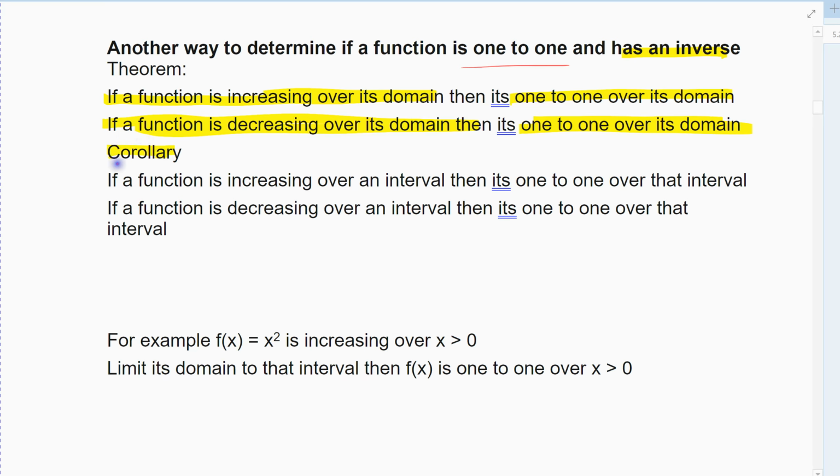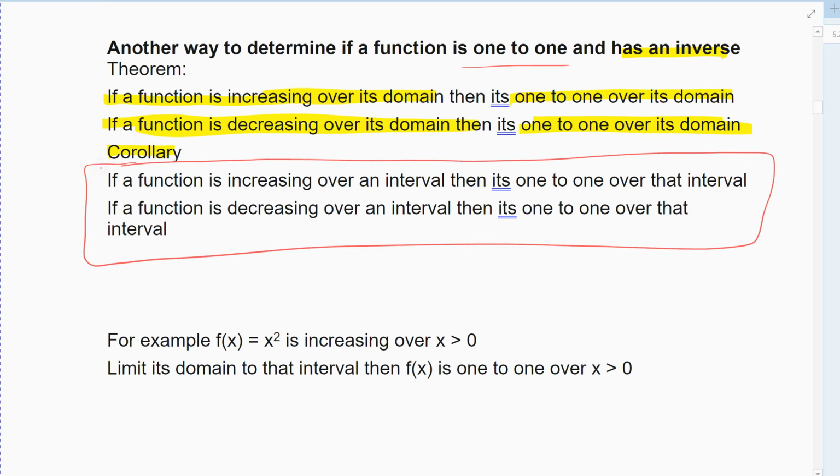We can force functions to be one-to-one if I limit their domain to their increase or their decrease, and we do this for a lot of functions. Specifically, it's done all the time with trig functions, because most of my trig functions are not one-to-one. And so they pick a portion of it that's increasing, and they force it to be one-to-one. So they limit its domain.